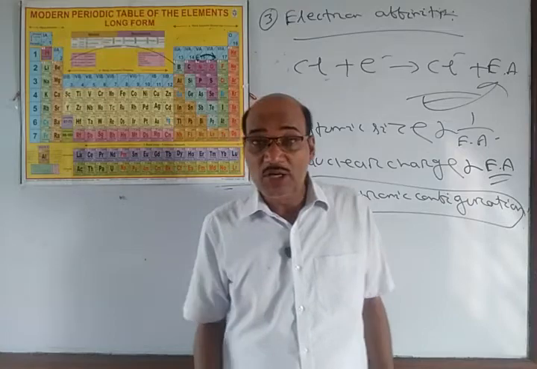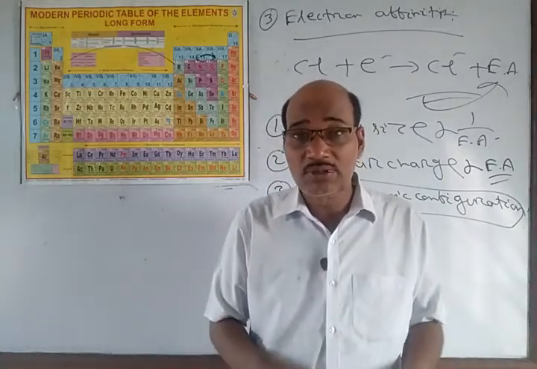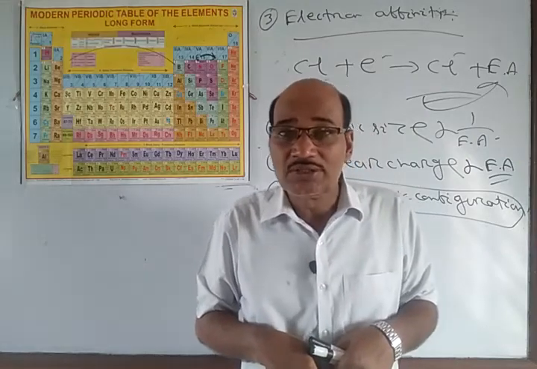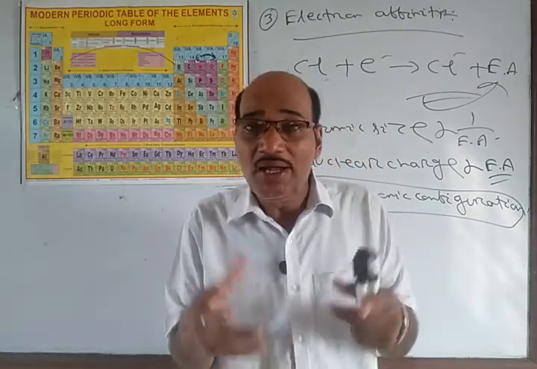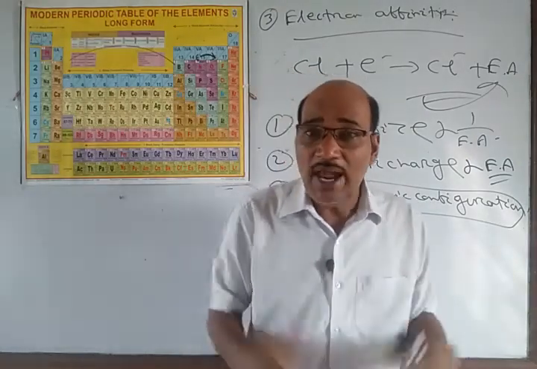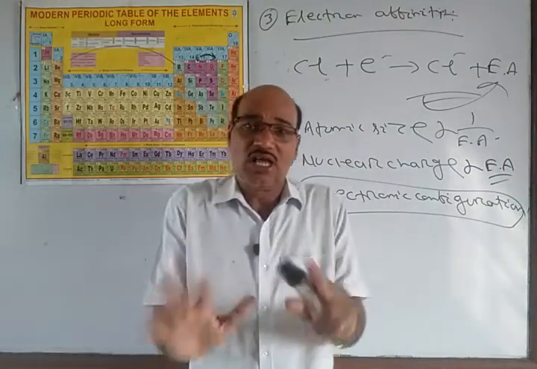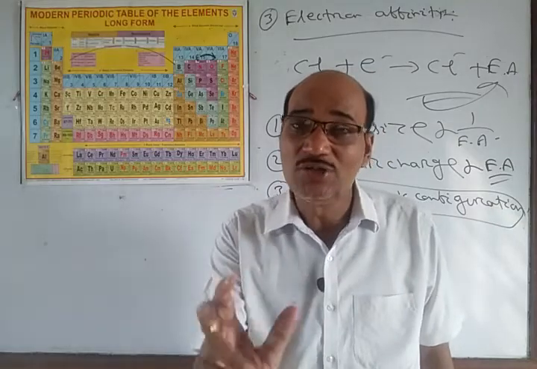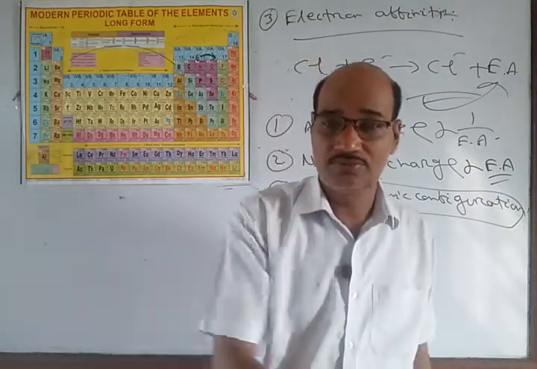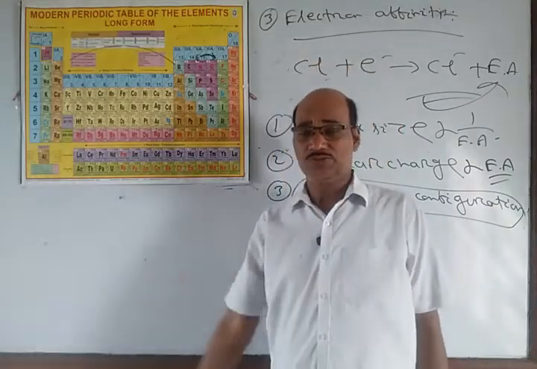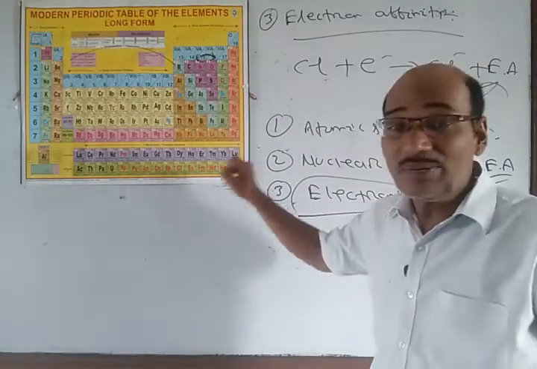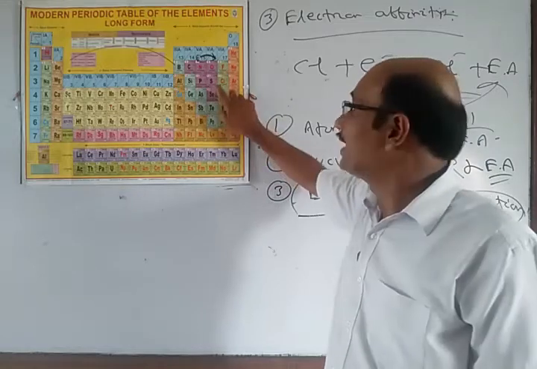But in the case of chlorine, when the size becomes larger, the repulsion between the electrons already present and the one we are adding does not happen. So we can add the electron easily in chlorine, and we get more energy. That's why the electron affinity of fluorine is less than chlorine.